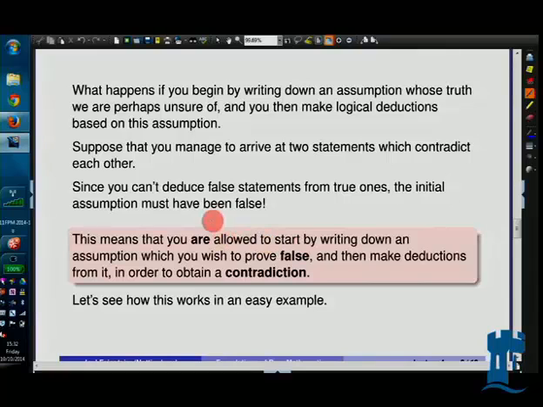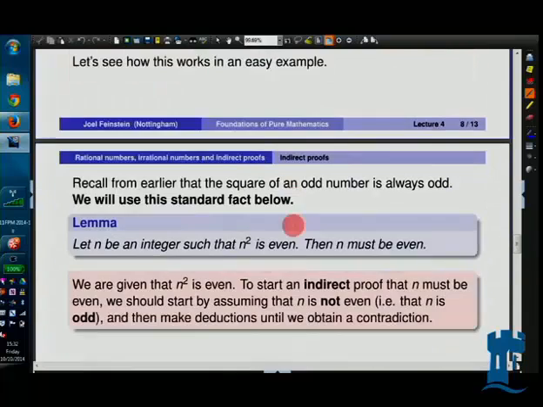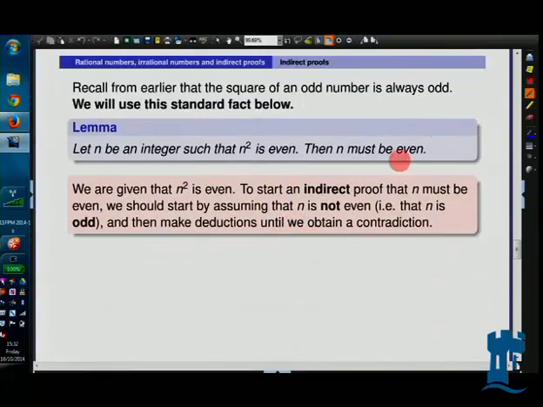So you mustn't start by writing down the thing you want to prove true and make deductions from it, because that's not going to help you. But you are allowed to write down the statement that you want to prove false and make deductions from that, because that might help you. So let's see how it works in an easy example. This is a particularly easy example which we could actually do rather than by contradiction.